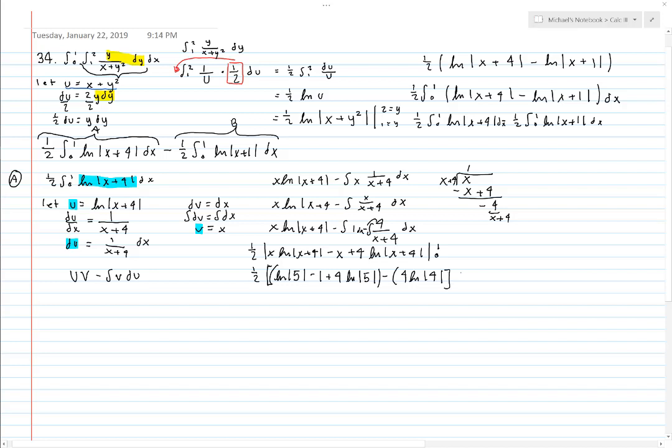Now, what symbol was here? Was it a plus or a minus? Let me double check because I just erased it. It's a plus.